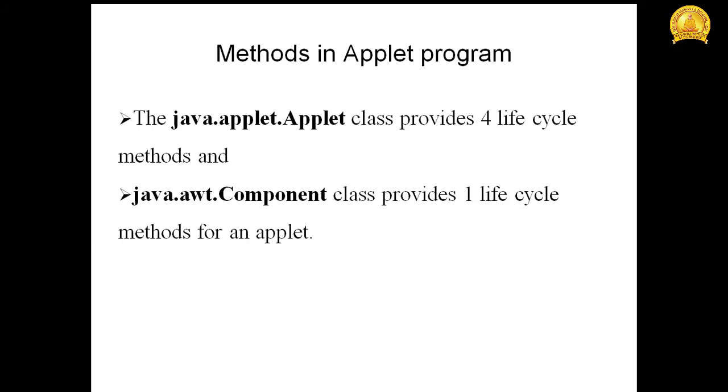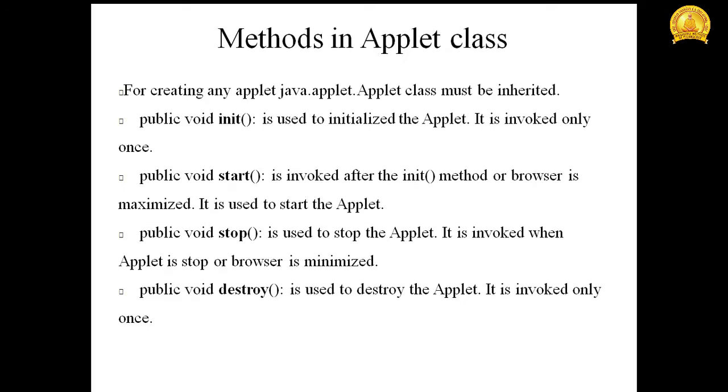The component class contains 1 lifecycle method. The applet class belongs to java.applet package and the component class belongs to java.awt package. So altogether there are 5 methods in the lifecycle of an applet.